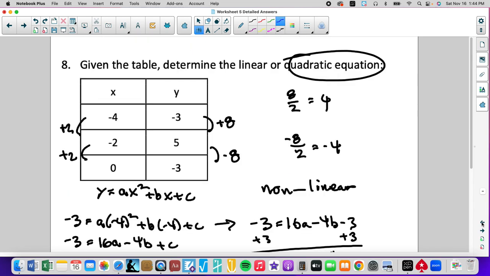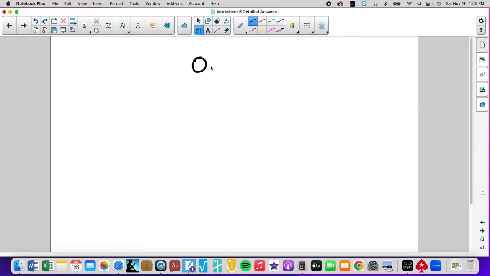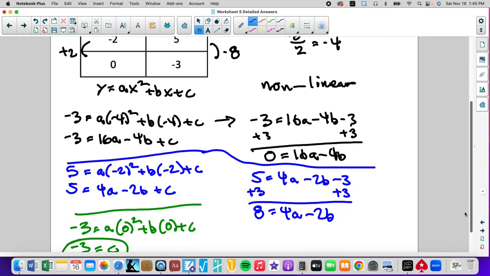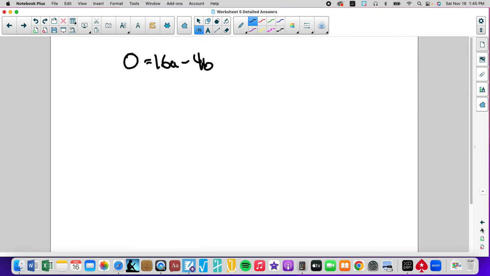And that other equation was 0 equals 16a minus 4b. And my other equation, 8 equals 4a minus 2b. Let's get rid of the a's this time.